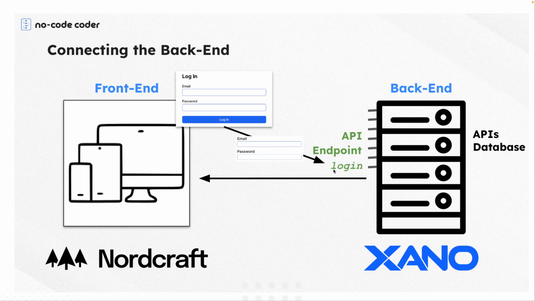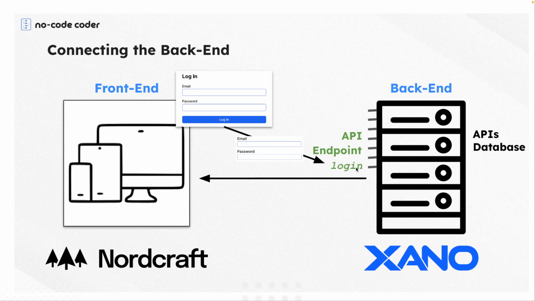We need to give it those details. And so the login endpoint has what we call inputs. It knows that it's going to receive some information as an input, and then it can use that to carry out the task that's been requested. In this case, we're going to give it the email and the password that the user typed in the form as an input to the login endpoint. The login endpoint is then going to do whatever it needs to do, the front end has no idea, to be able to authenticate that user.